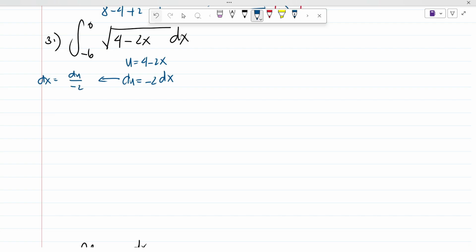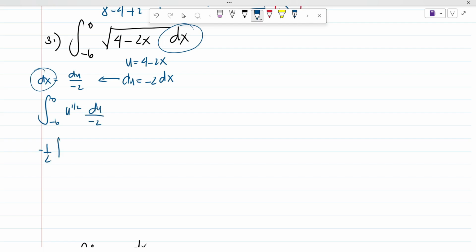Next, the integral from negative 6 to 0 of the square root of u. This can be written as u raised to 1/2, right guys? What is the value of dx? Here it is du over negative 2.